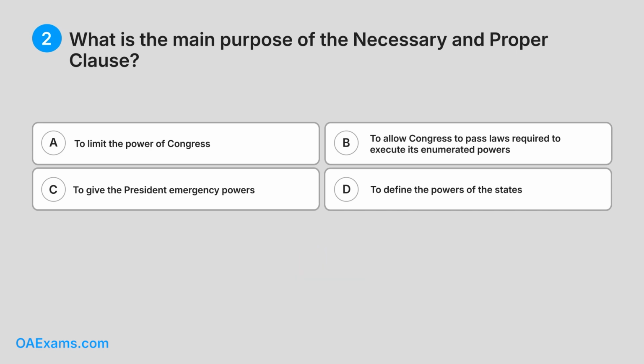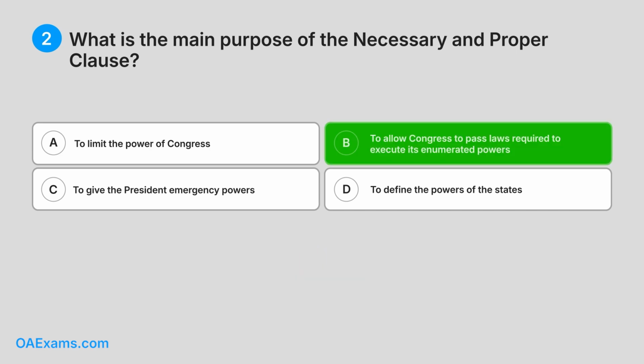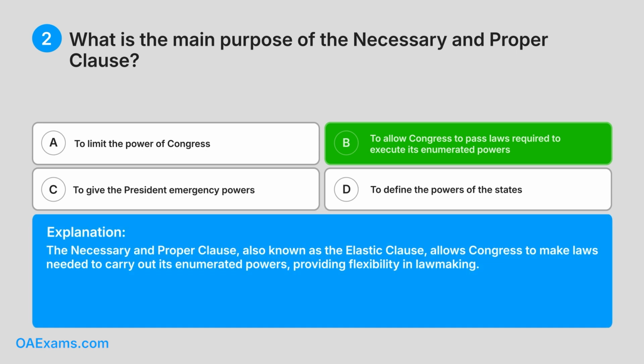Correct answer: B. To allow Congress to pass laws required to execute its enumerated powers. Explanation: The Necessary and Proper Clause, also known as the Elastic Clause, allows Congress to make laws needed to carry out its enumerated powers, providing flexibility in lawmaking.